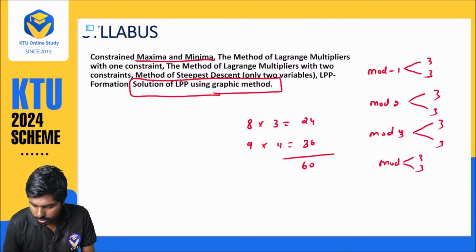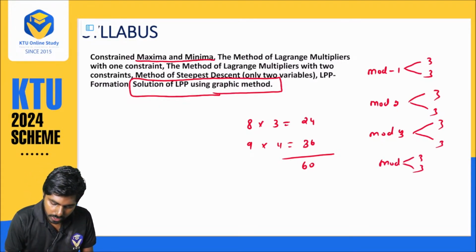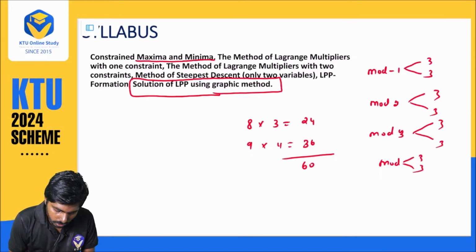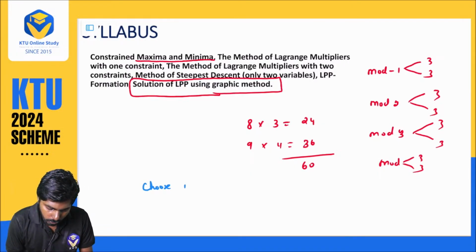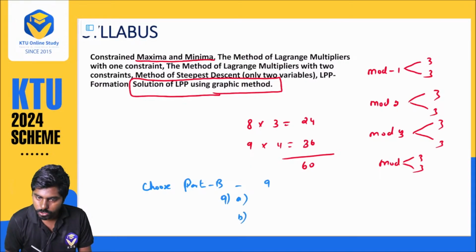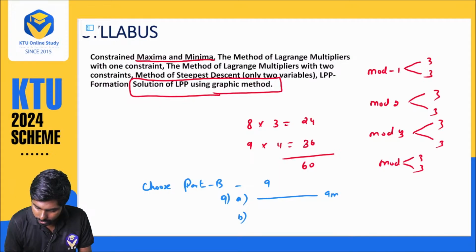Three three-mark questions, and there will be a choosing option in part 2. Part B is about the 9-mark questions. For example, you will get 9A, and at the same time the B option also. A will carry 9 marks and B will also carry 9 marks.